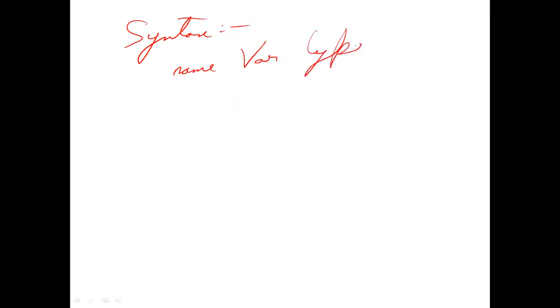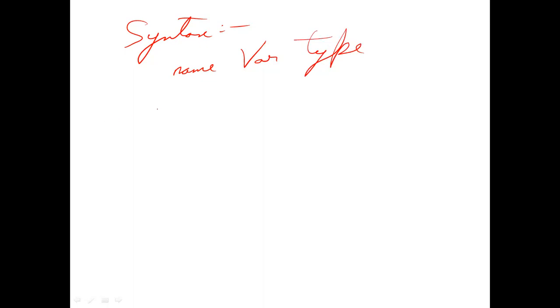Now, in any programming language, we have to create variables. The syntax for creating a variable is, let us look at the syntax. So first of all is the name of the variable, then we write var, and then we write the type. So this is the syntax.